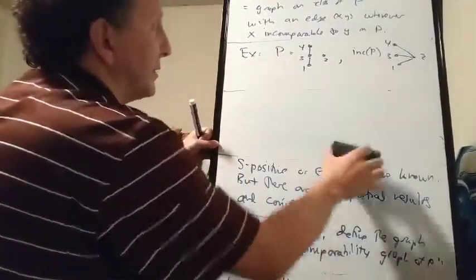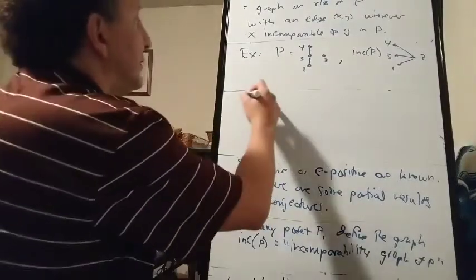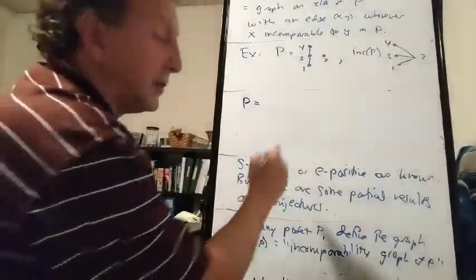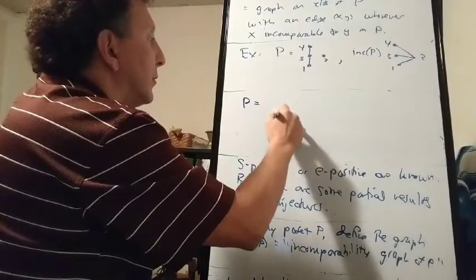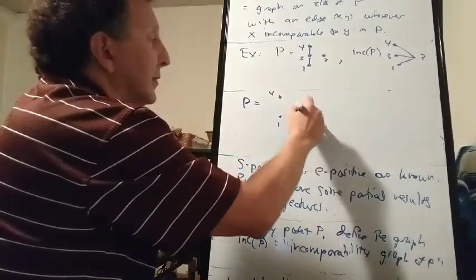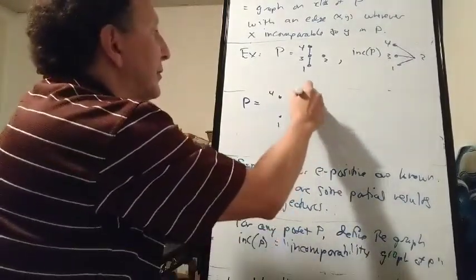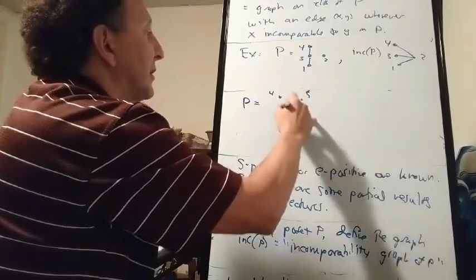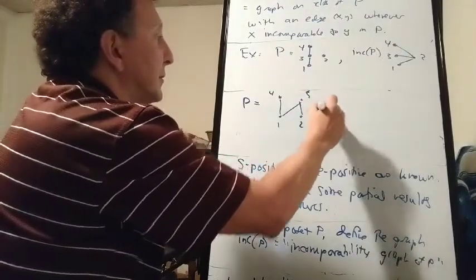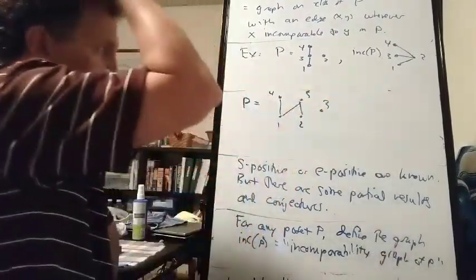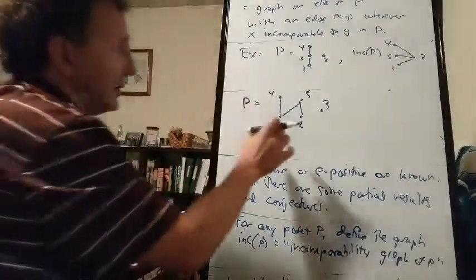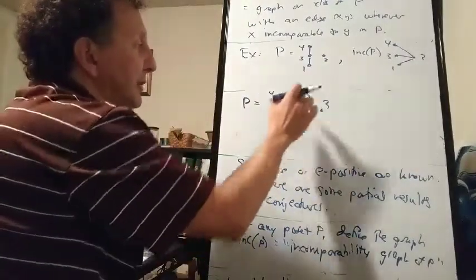Let's look at some more examples. Let's say this is a poset we looked at in another example. 3 is incomparable to everything. 1 is less than 4 and 5. 2 is less than only 5.